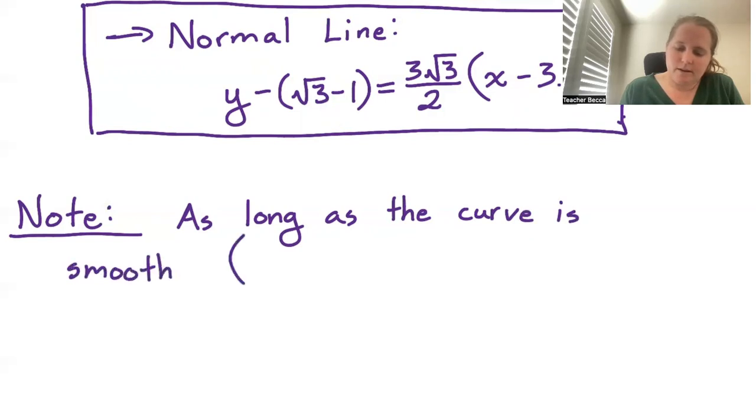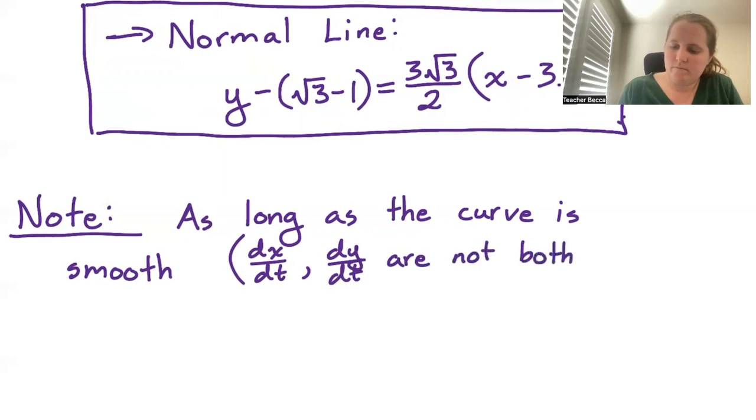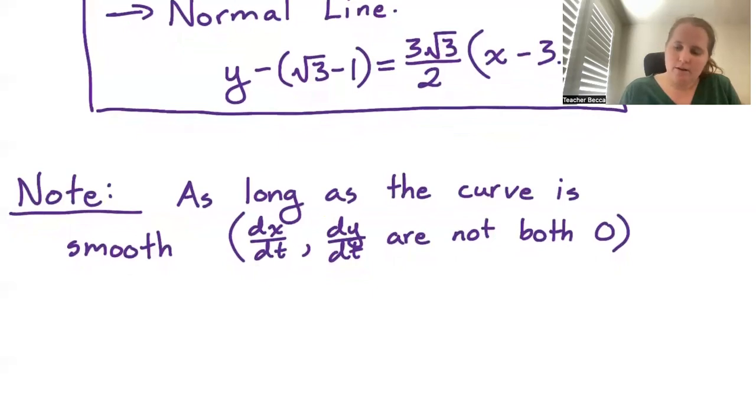So again, that's dx dt and dy dt are not both 0.